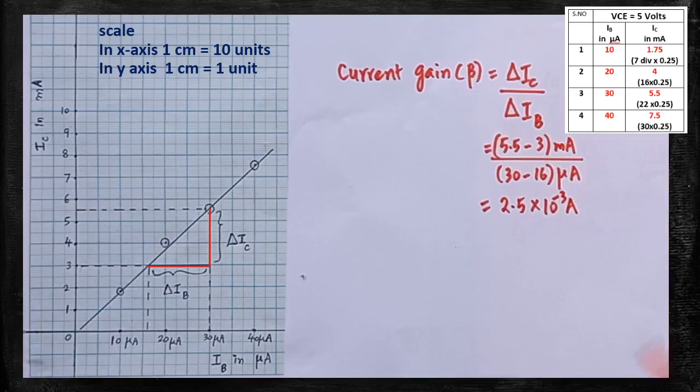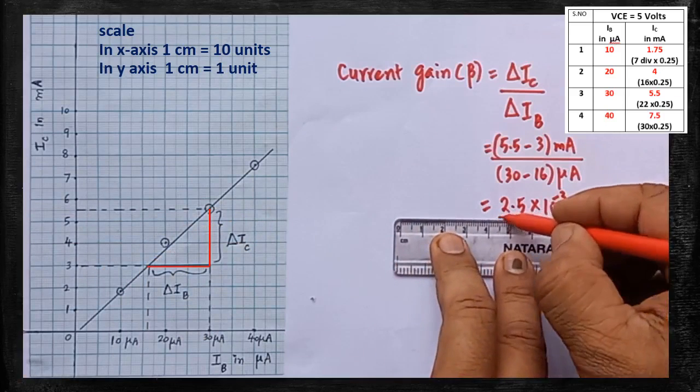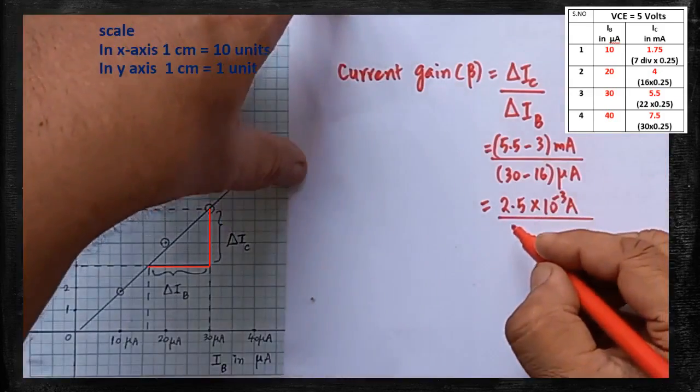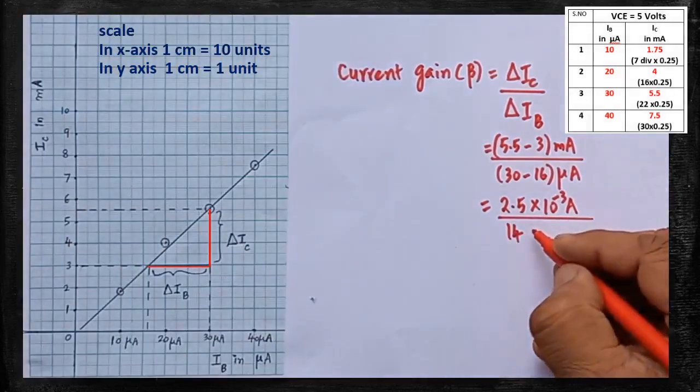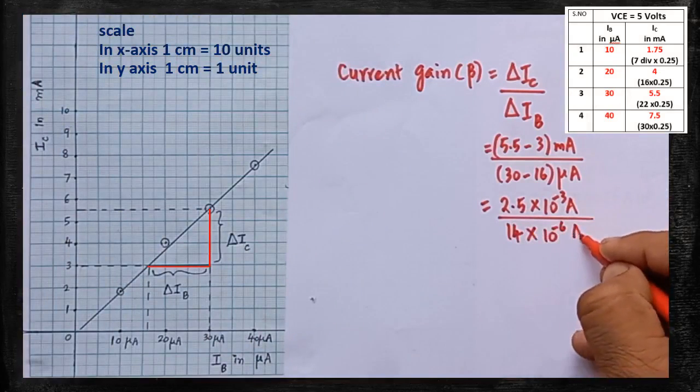Then write the denominator value. The denominator value is 30 minus 16, which is 14. 14 into 10 to the power of minus 6 ampere.